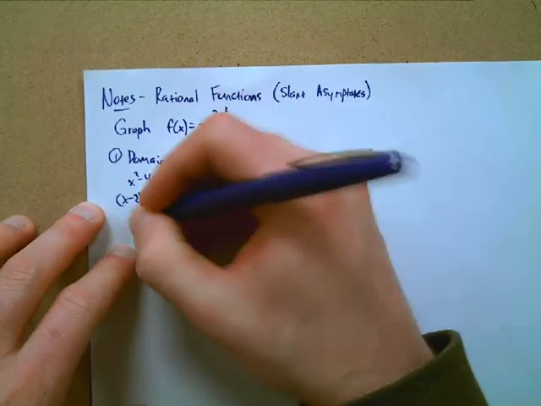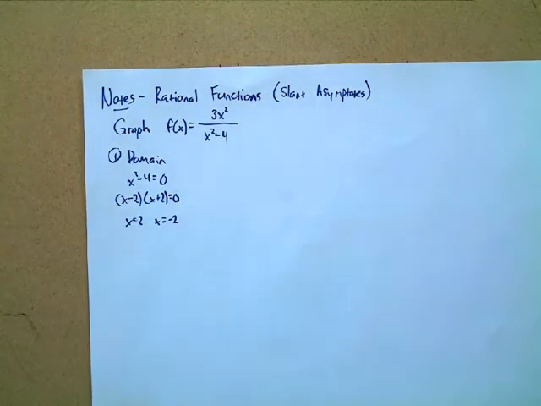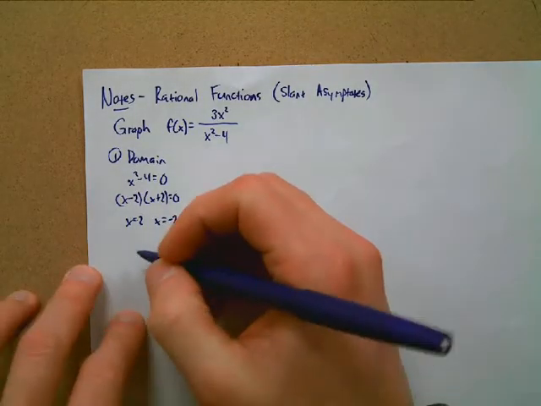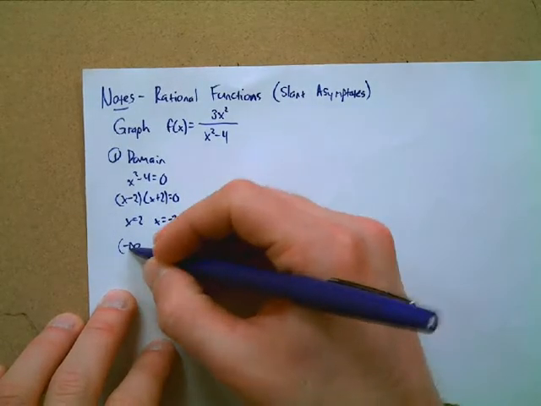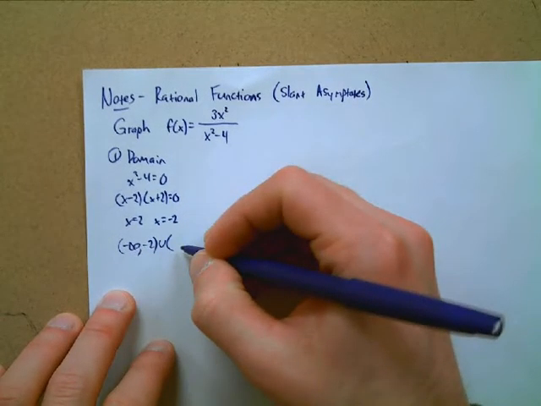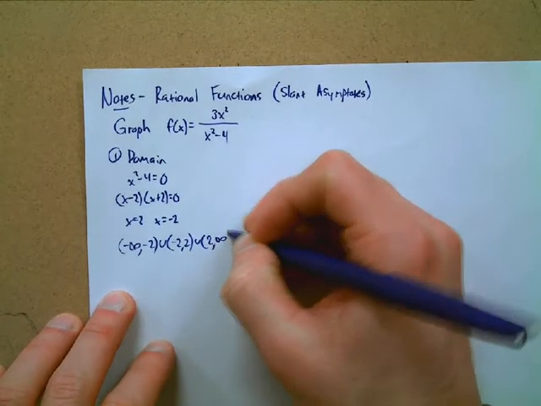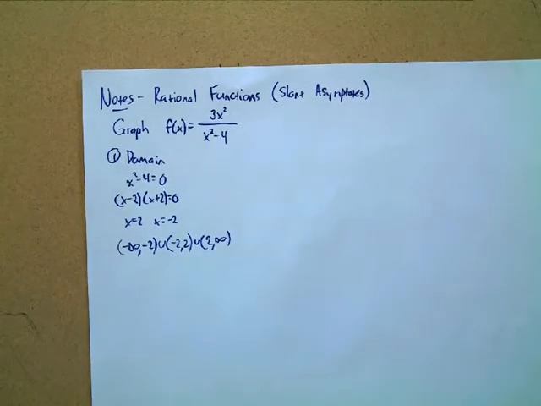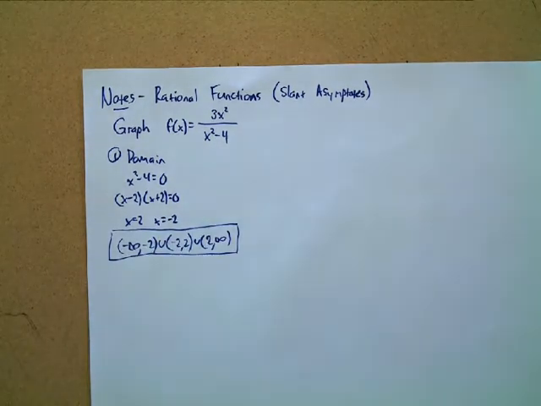So 2 and negative 2 would be our 2 zeros there. And so then what would our domain interval look like, or how would you describe that interval for the domain? Great. Very good. Exactly. Okay, so there's our domain.